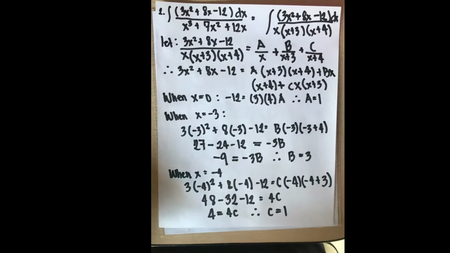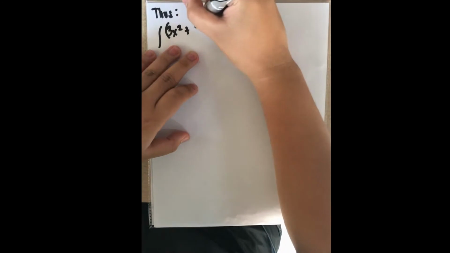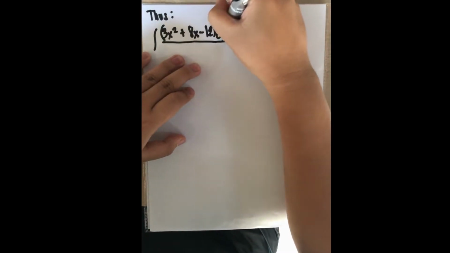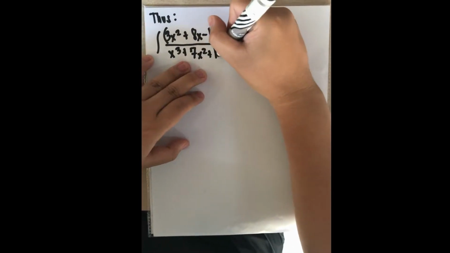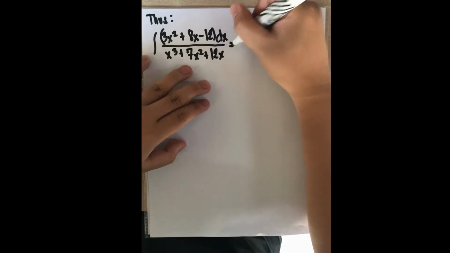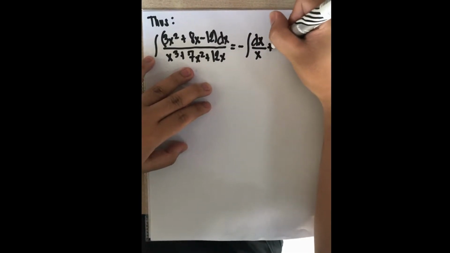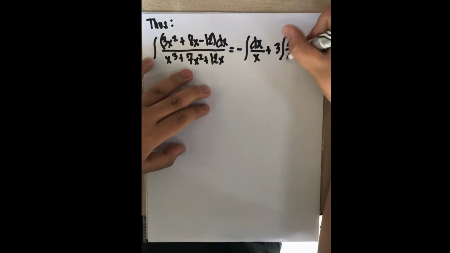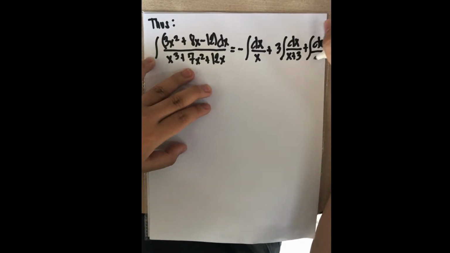Thus, the integral of 3x squared plus 8x minus 12 over x cubed plus 7x squared plus 12x dx equals the integral of dx over x plus 3 times the integral of dx over x plus 3 plus the integral of dx over x plus 4.